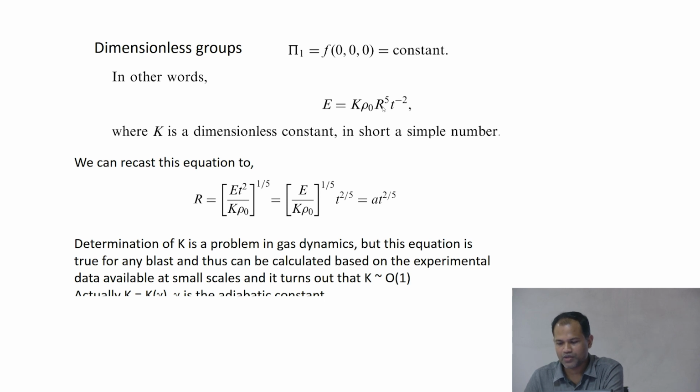Or if you rewrite this equation as r as a function of t, which of course you can do, you will see that r is a into t to the power of 2 by 5. Okay, so he said that is how basically the radius of the fireball is going to grow. It will grow with time as a function of 2 by 5, at least at the very initial moment, wherever he could neglect other non-dimensional numbers.